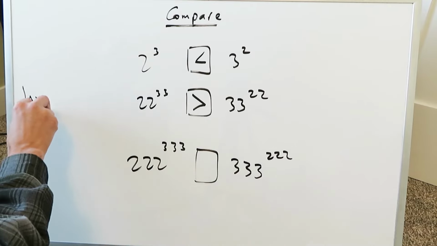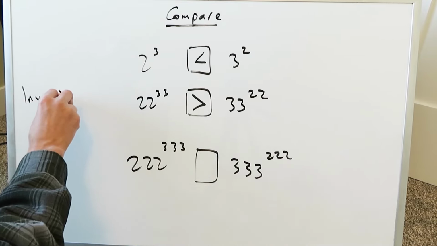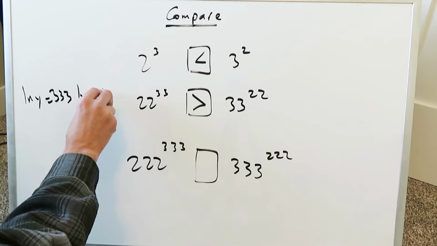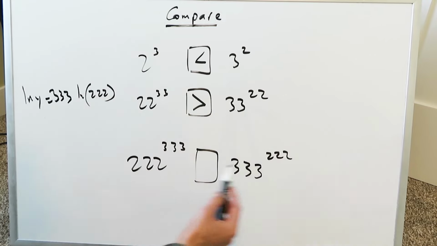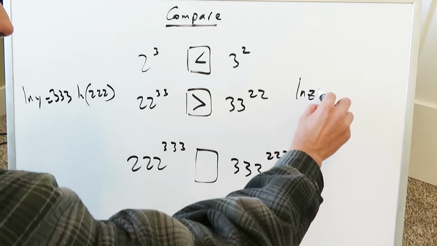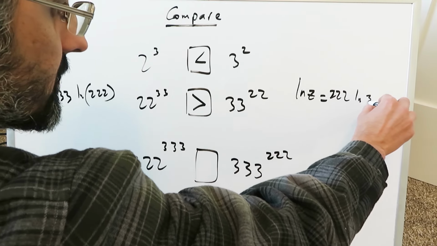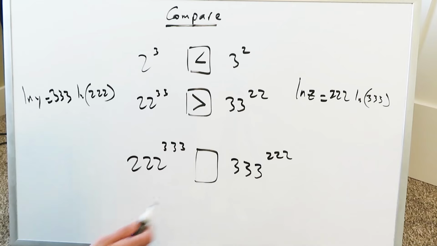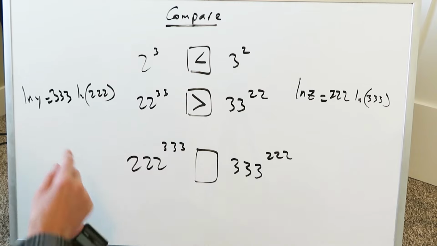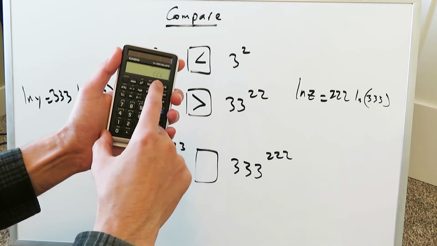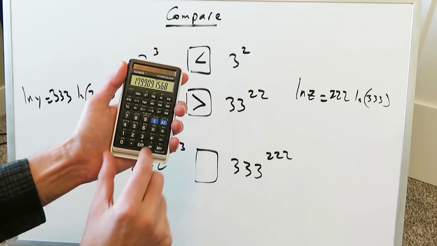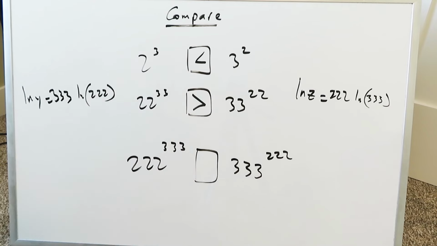Here, natural log y is equal to 333 natural log 222, coming from this side. Here we can use a different letter: natural log z is equal to 222 natural log 333. These are easy because the natural logs of large numbers are generally not very large answers. Let's compute this: 333 times natural log 222, I'm getting 1799.